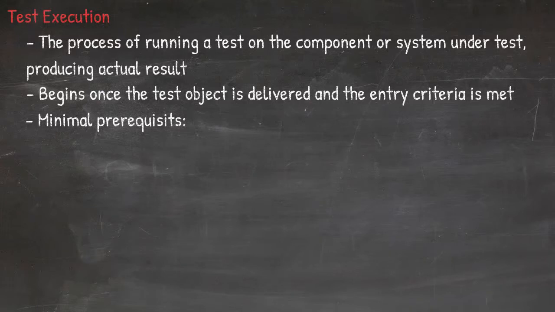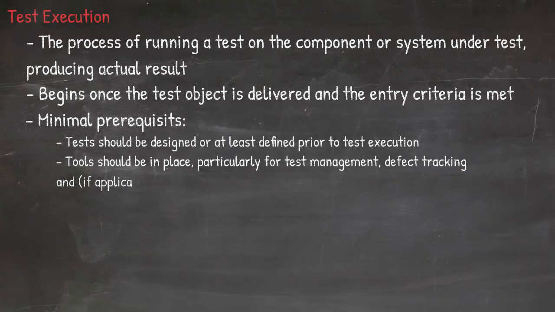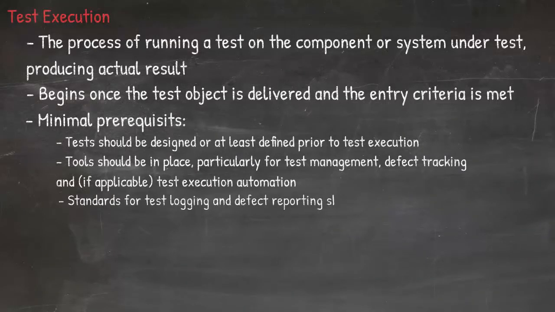As a minimum, tests should be designed or at least defined prior to execution start. Tools should be in place, especially for tracking, defect reporting, and test automation. And standards for defect logging and reporting should be available and communicated to the teams involved.